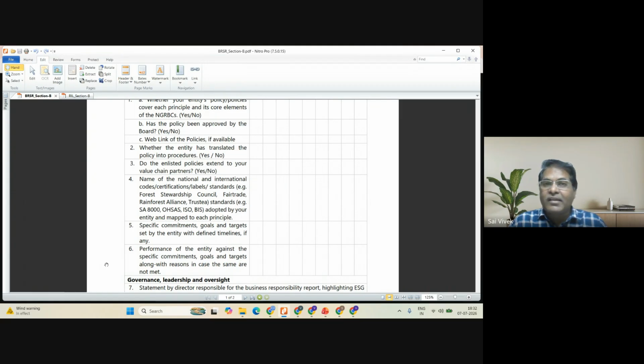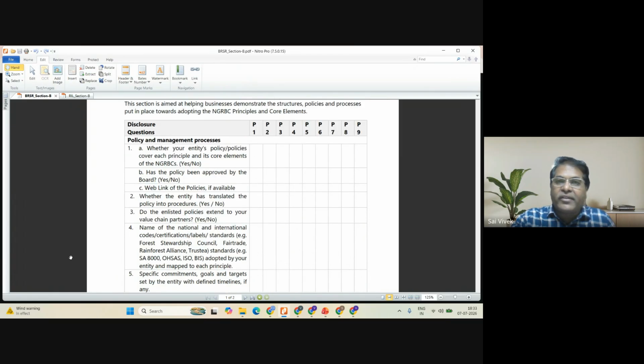The sixth question is about measuring the performance, that is measuring how much you are actually doing, whatever you had already thought of and set as your goals. So 5 is about setting, 6 is about doing what you had already set. So this will complete the 6 points in policy and management processes.